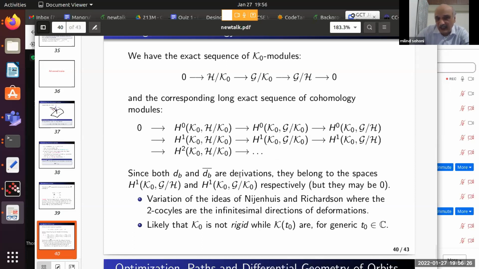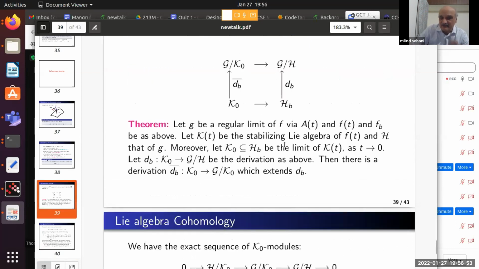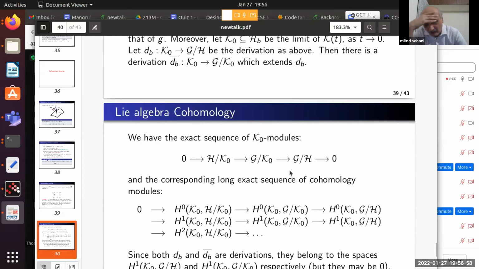The other point, if you look at the arXiv paper, is that this also has some direct connection, I think, with codimension 1 orbit closures, and whether they are one-parameter subgroups or special. So the two co-cycle is what Nijenhuis and Richardson's problem needs, whereas our problem needs derivations, which are really one co-cycles, or basically one alternating forms. Okay, I understand.